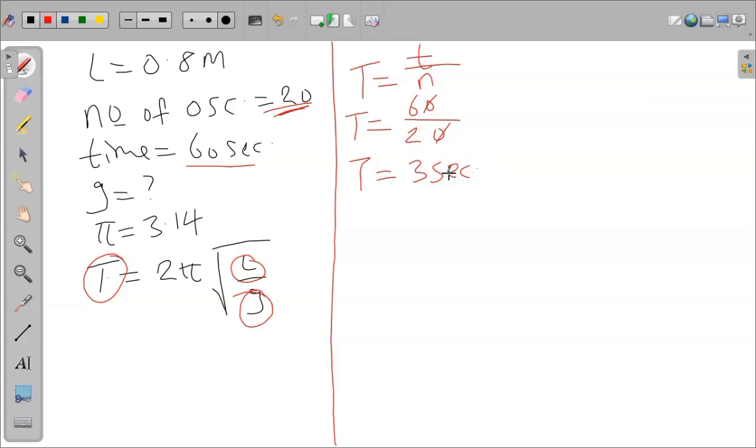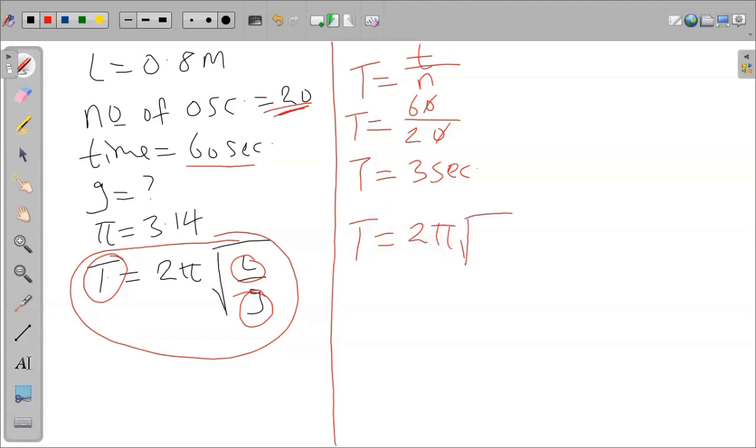Now from this relationship here, we have to make g the subject of the formula. Now how can you make g the subject? Please pay attention and just try to recall change of subject of formula. Since I have something like this, what am I going to do to make g the subject? From the principle of change of subject, if I have a root on this side, to clear that root, all I need to do is to square both sides.